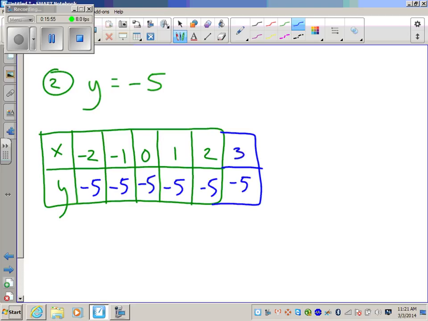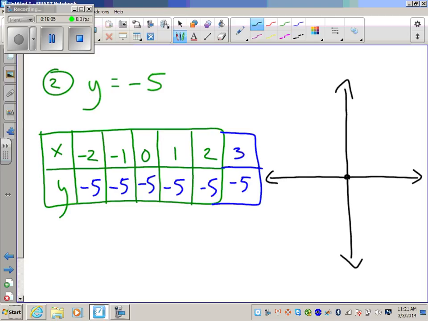Okay. So on my graph, let's see how that looks. My first point, negative 2, negative 5.